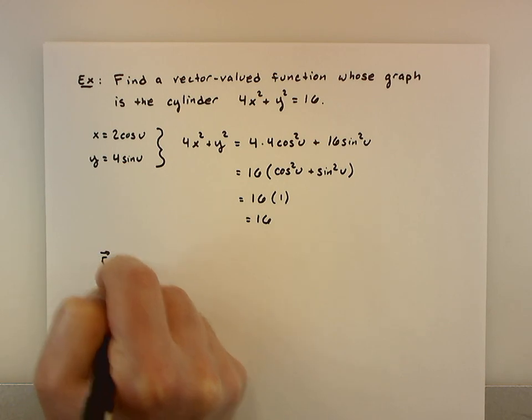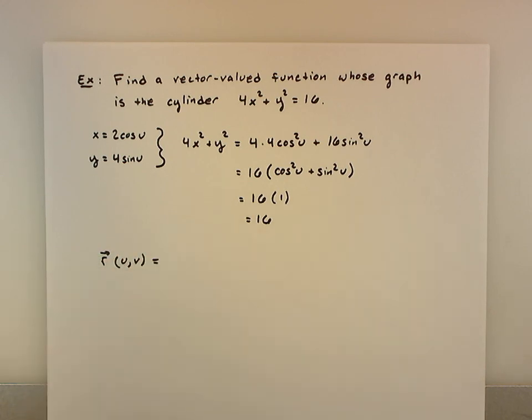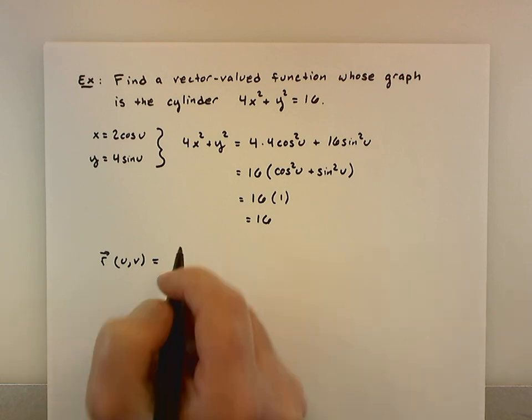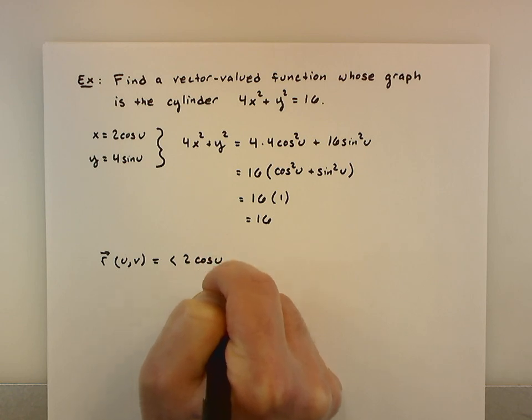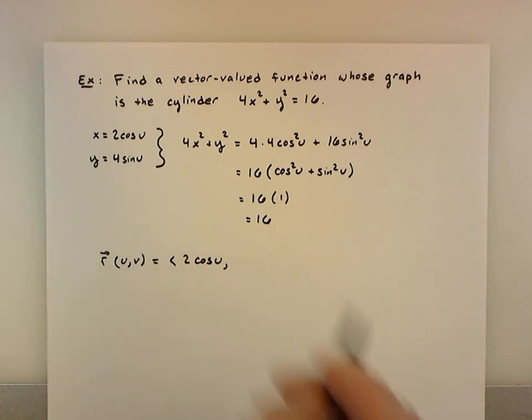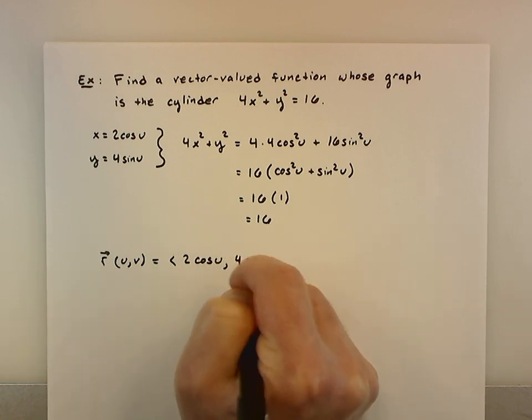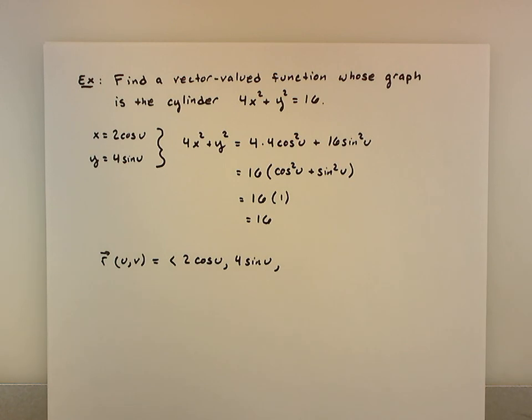So r of uv is equal to x is 2 cosine u, y is 4 sine u, and z is free.